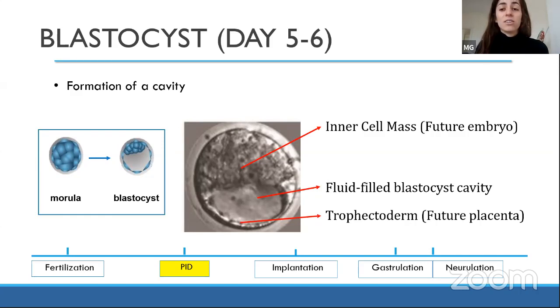We can see the inner cell mass, which is at the center, this big bulk of cells. And then we can see the trophectoderm, which is a lining of cells around the outside. So the inner cell mass is going to become the future embryo. And the trophectoderm is going to become the future placenta. I just wrote that for simplifying, but also all the membranes, etc.